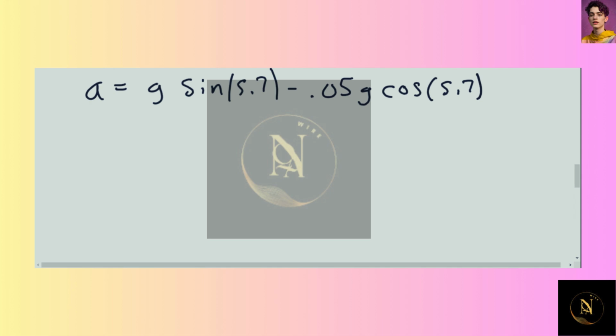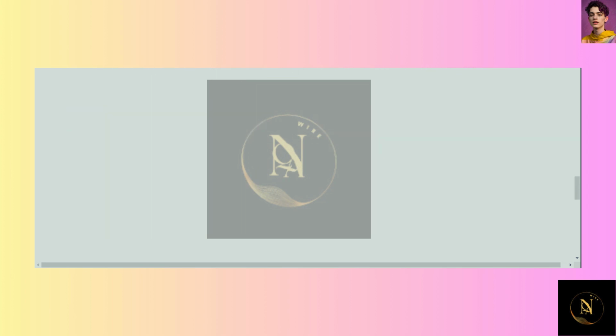Again, we can combine them since both terms have gravity in them. So we have a equal to positive 0.049 g, and again, gravity is negative 9.8. When we plug this in, we have acceleration equals negative 0.49 meters per second squared. So for this value of the coefficient of kinetic friction, acceleration is negative, so the car goes down the slope.